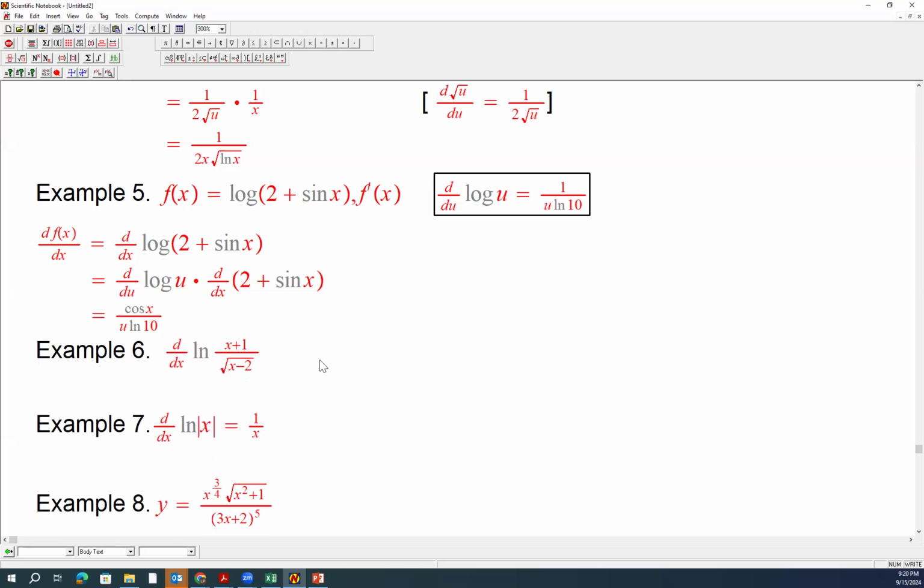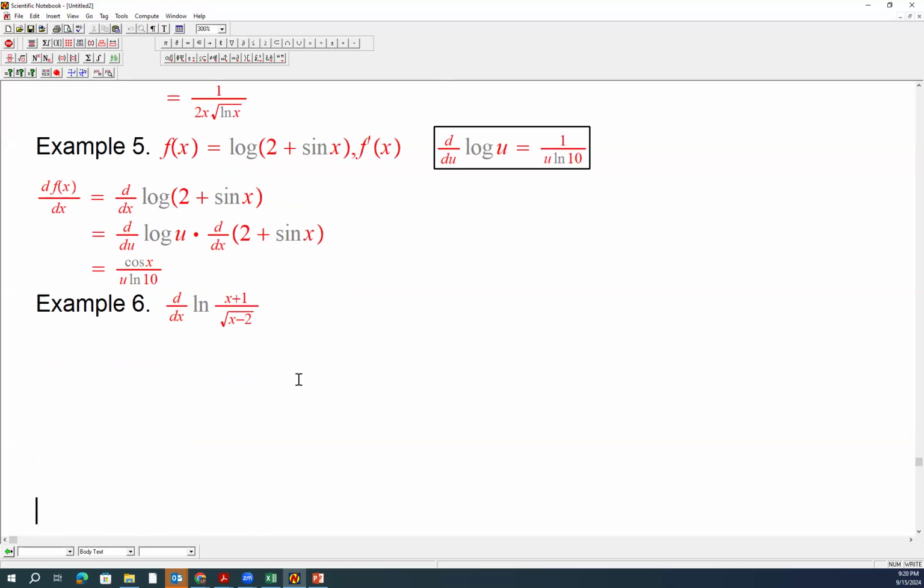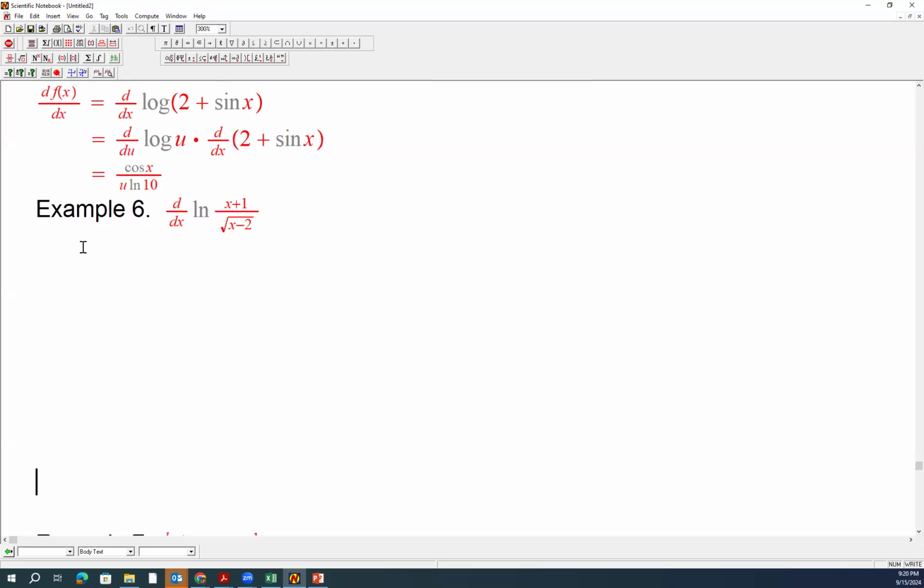Number 6, there are actually 2 ways to do it. One way is just to go straight and take the derivative. Oh, sorry.